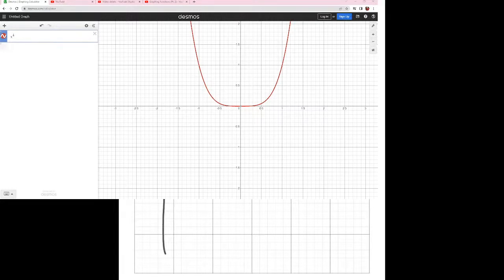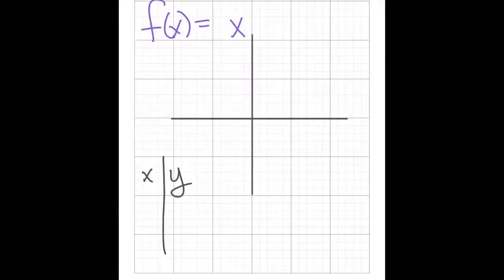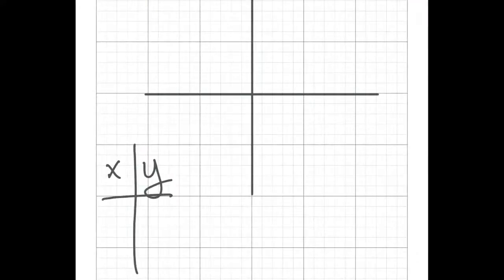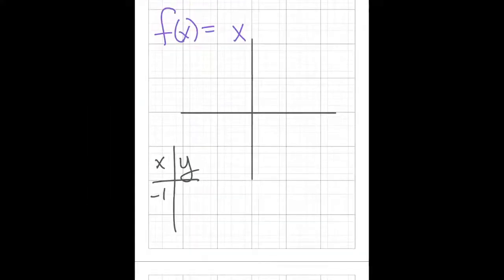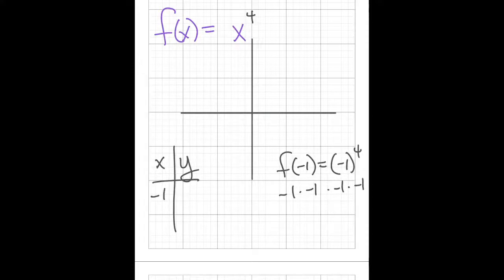And let me get the iPad pulled back up here. Because if we take -1 here and plug it in, okay, we get f of -1 equals -1 to the 4th. And -1 times -1 times -1 times -1, 1 times 1 is a 1.